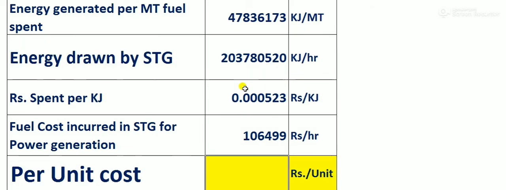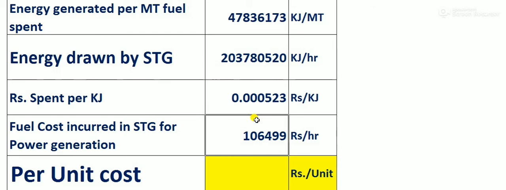So this much rupees per hour we are spending for the STG power generation, correct? This is the per hour cost we are spending in the STG. So this is only the fuel cost.